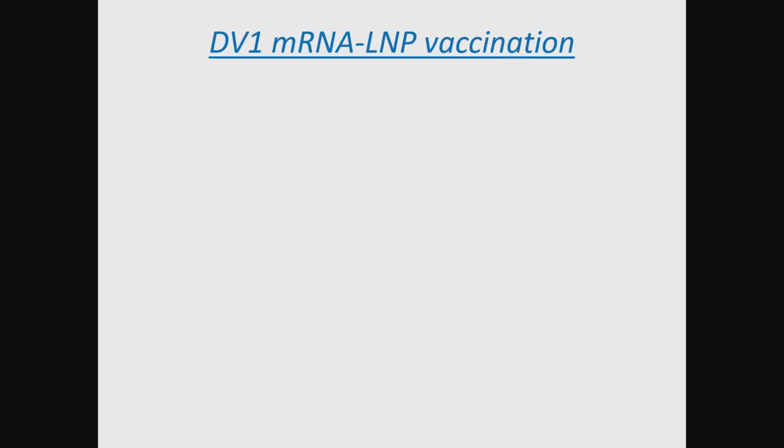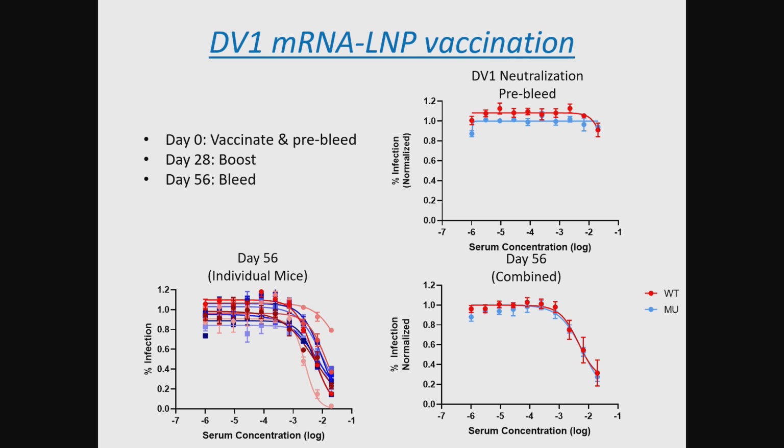And when we look at the vaccine efficacy, here we're vaccinating wild type black 6 mice. We vaccinated on day 0 and collected blood at that time. Four weeks later, we're boosting, and then four weeks later, we're bleeding these mice to look at virus neutralization. On the top right is just the pre-bleed, and you can see that both the wild type and the mutant groups have no antibody protection at baseline.